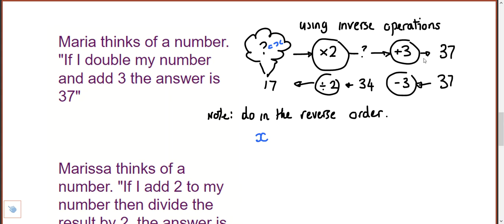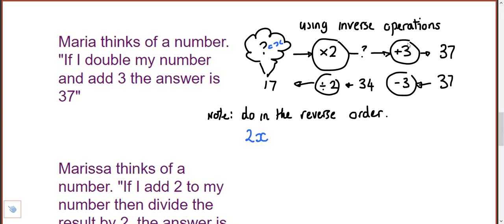What's the first thing we do to X? Times by 2. So, I could write times by 2, but we don't do that, do we? We don't. We do 2x. We don't do x2, we always put the number first. So 2x means 2 times x.